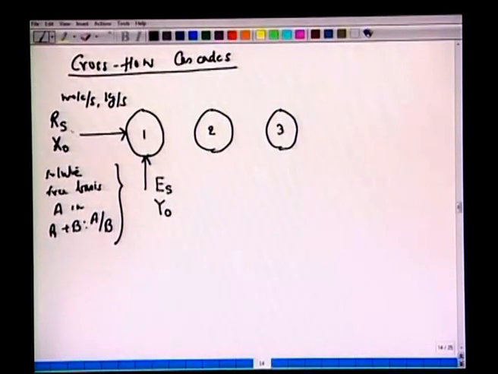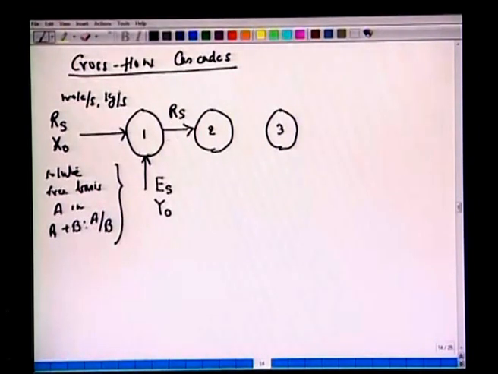So, Rs with X0 is brought in contact with Es and Y0, and this stream leaves. Now, the flow Rs will remain the same, the molar flow rate on an A free, B basis. The A free basis will remain the same as Rs.